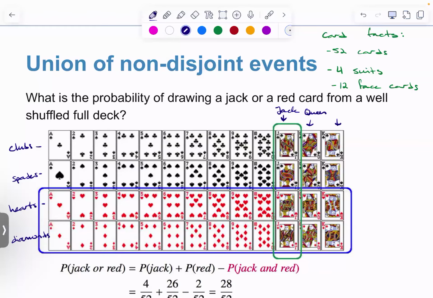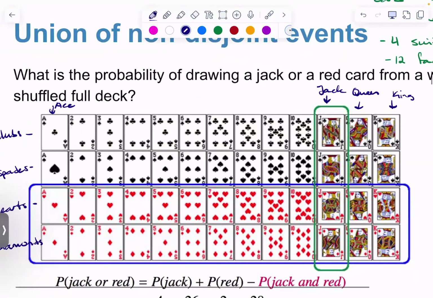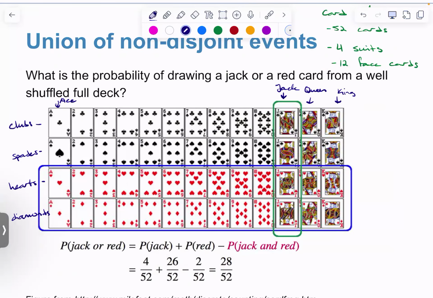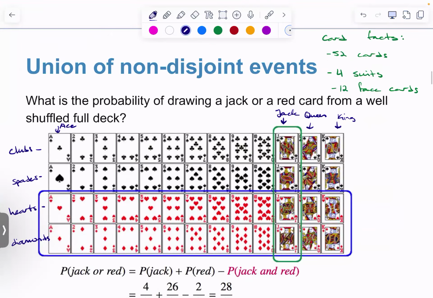But besides the jack, I think queen and king should be kind of self-explanatory, and this is the ace, and all the others should be okay. Are there any others that can be confusing? Those are quick facts.